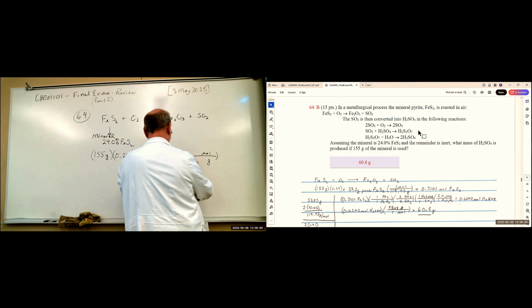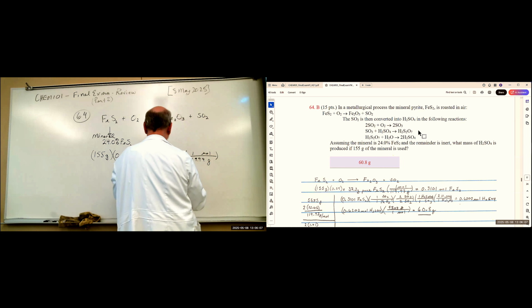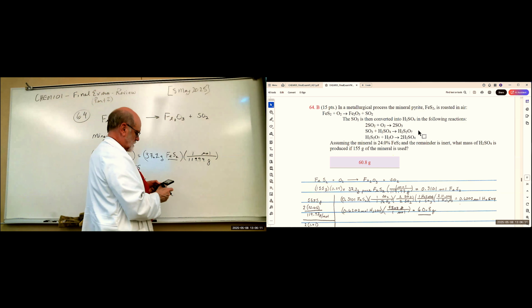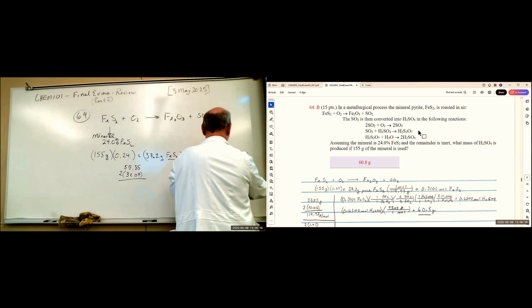Okay, that's 119.99. Divide that into 37.2, and we get 0.310 moles of FeS2.